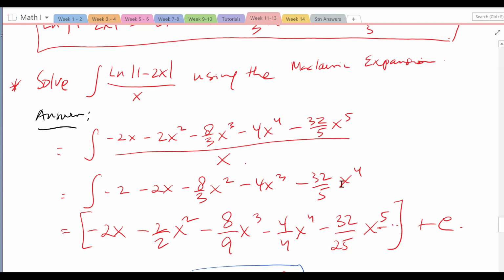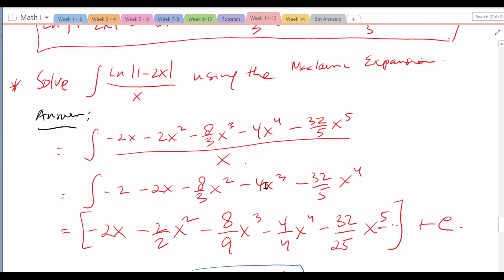So it's simply basic integration. The integral of negative 2 is negative 2x. The integral of negative 2x is negative 2 over 2 x squared, so it becomes negative x squared. Here, negative 8 over 3 x to the power of 2: the power of 2 becomes 3, so 3 times 3 is 9, giving negative 8 over 9 x cubed. The power increases by 1.